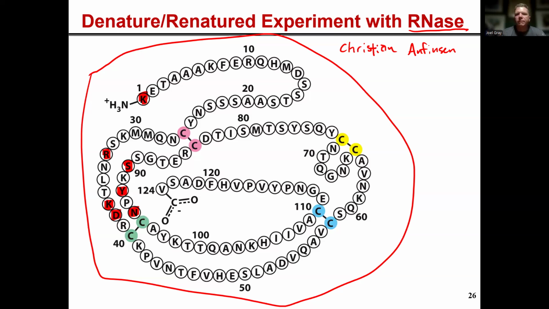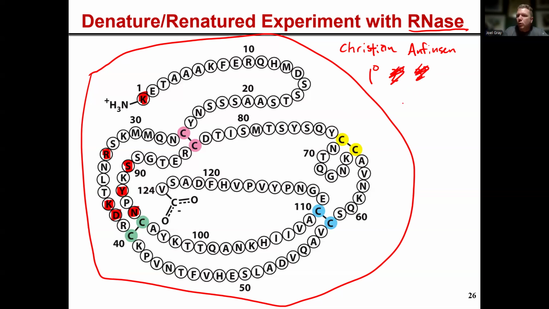Now, the significance of this is that everything that's produced in your primary structure of your protein was preserved, because when you added the DTT and the urea, you lose secondary and tertiary structure. Those things go toast.